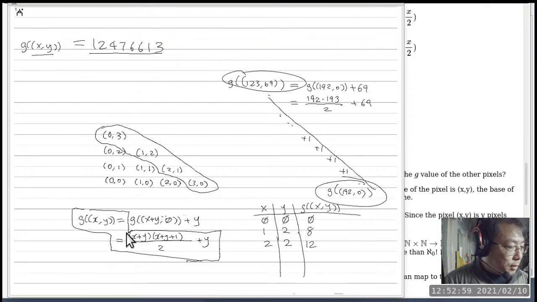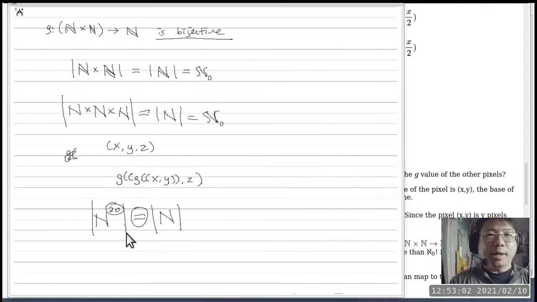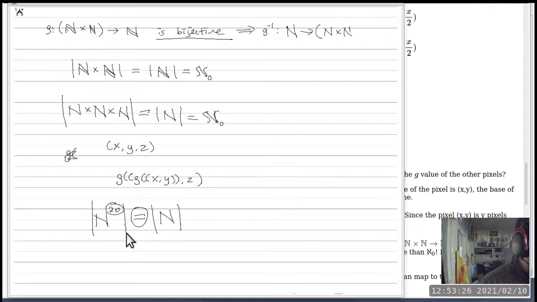So now we know that g is bijective. One thing that we learned about bijective functions on Monday is that if a function is bijective, there's an inverse function. So this means there's an inverse function, g superscript minus one, that maps from N back to N times N. The inverse function will just flip the domain versus the codomain.